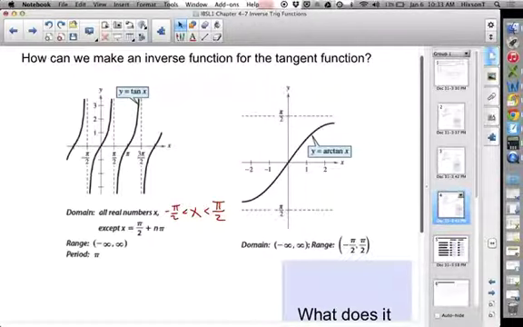Okay? By the way, what function does that kind of look like? One of the growth functions. Exponential? No, exponentials look like this. Logistic. Yeah, it kind of looks like a logistic function.